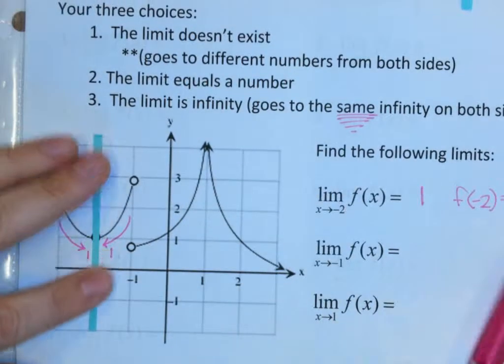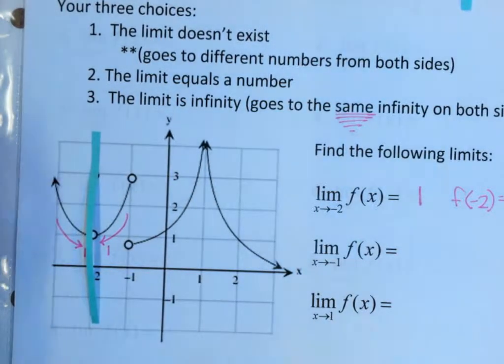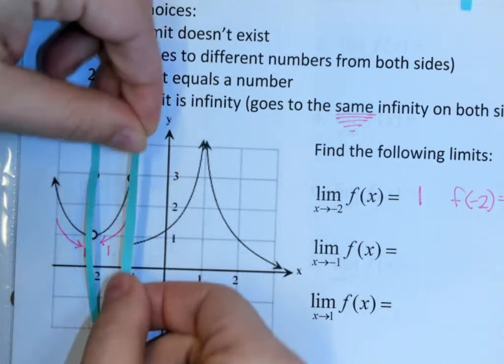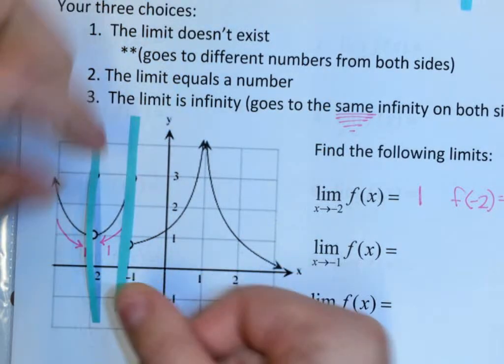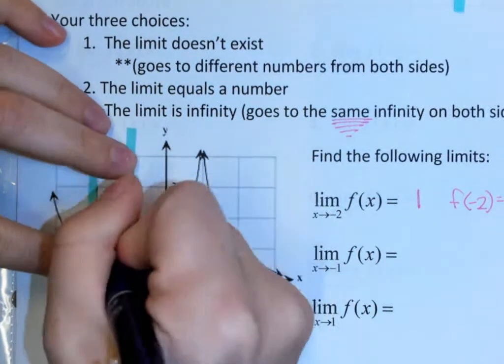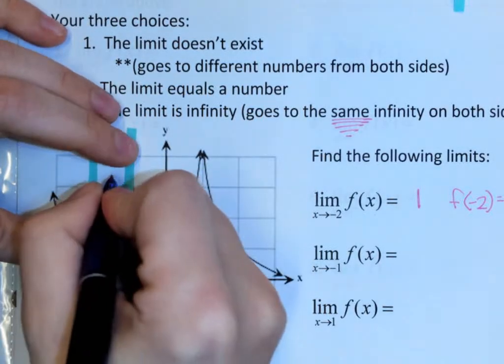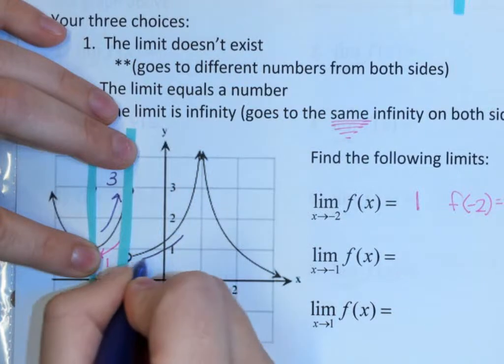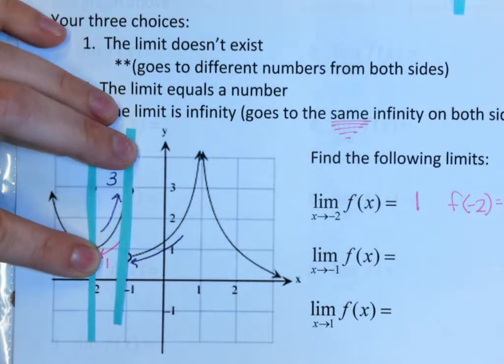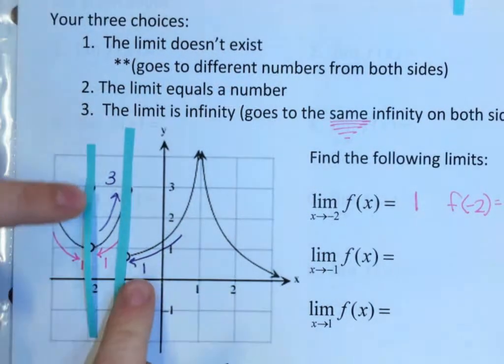Okay? So then if I look at the next one, it says what is the limit as x goes to -1? So as I go to -1 here, what's my height going to? 3. As I go to -1 here, what's my height going to? 1. Are those the same?